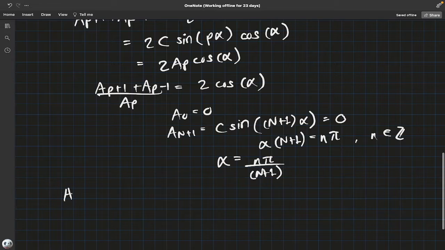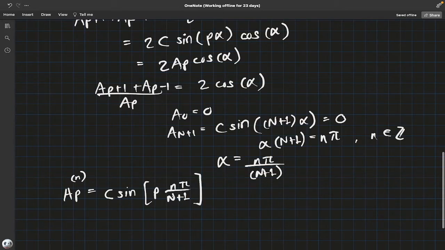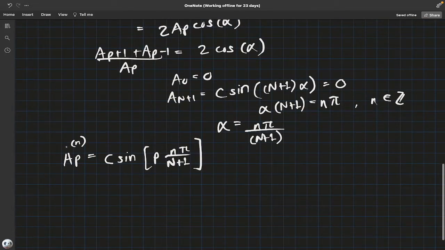So more generally, the amplitude of the pth bead in the nth mode, so each integer n generates a different mode, is C times sine of p times n pi over capital N plus 1, where N is the number of mobile beads. This is the nth mode of the amplitude of the pth bead.